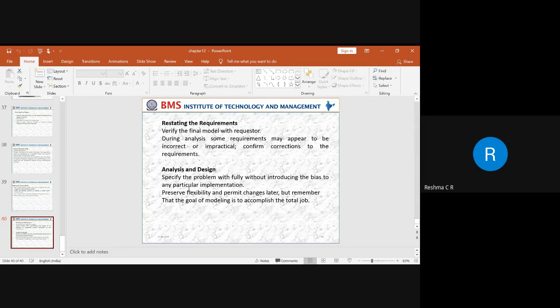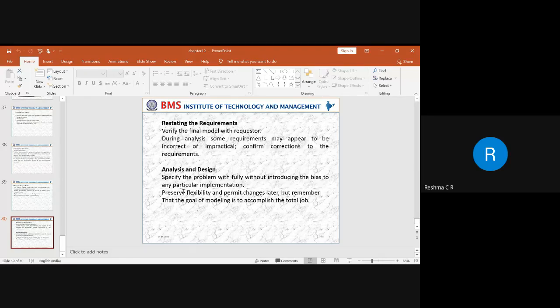And the last step is analysis and design. In the analysis and design, whatever requirements we have collected fully, we need to identify that there is no bias in a particular implementation. That means we have not left out or eliminated the good requirements that have to be taken care of.